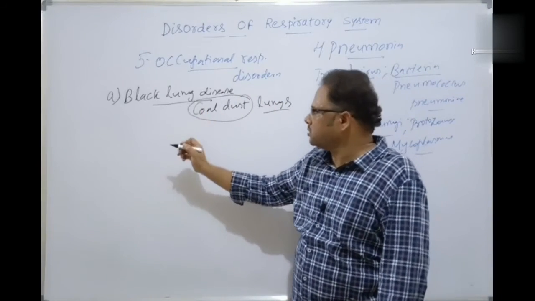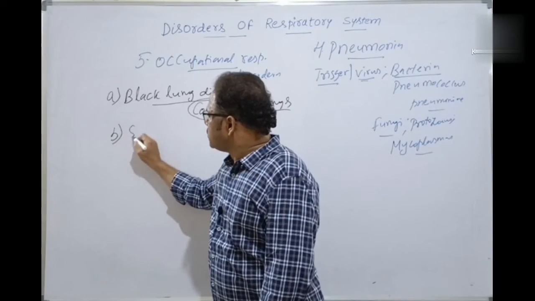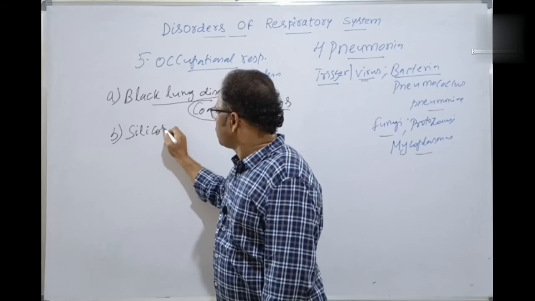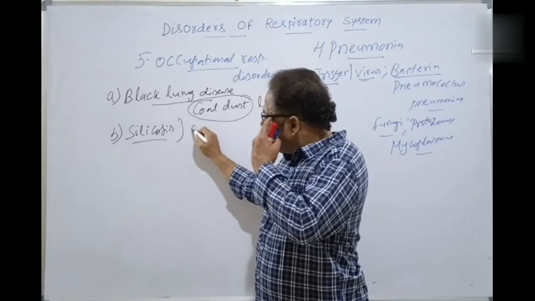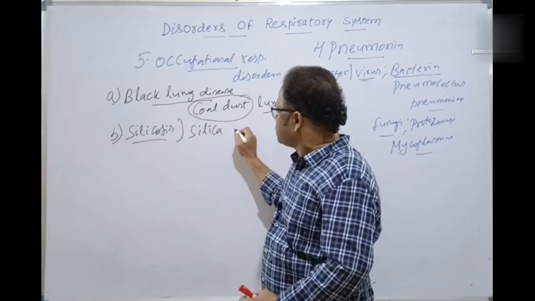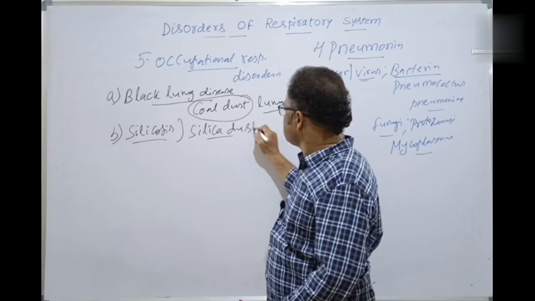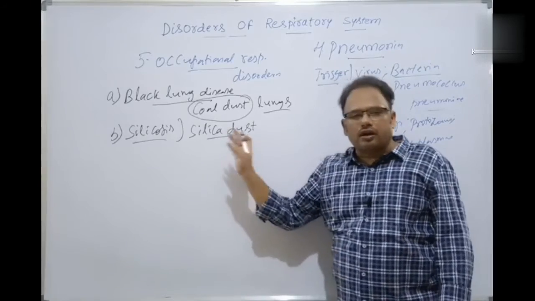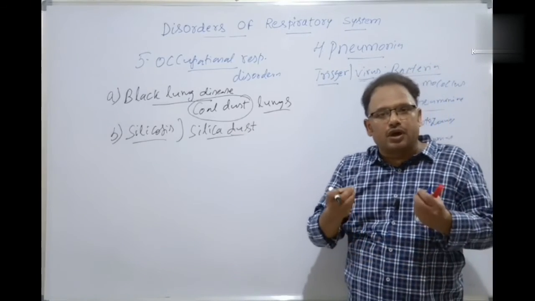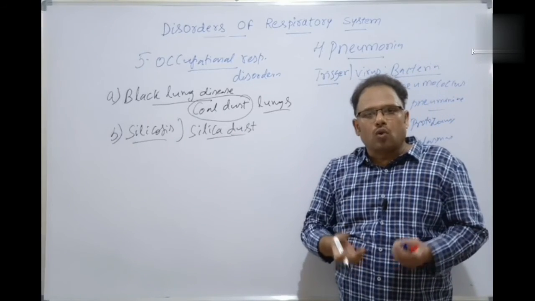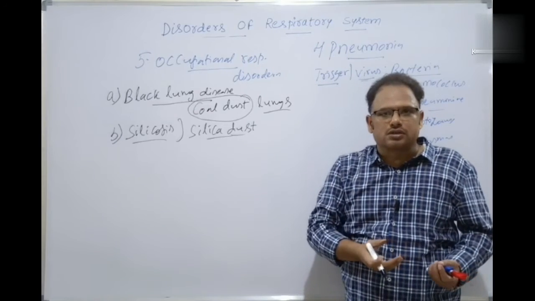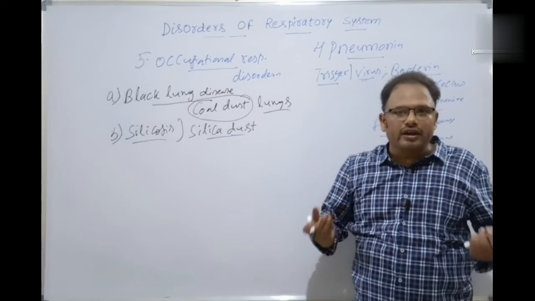Okay, students. Number 2, silicosis. A person who is exposed to the silica dust. Where is silica dust present? In the construction workers, quarries, stone crushing industries, stone grinding industries, isn't it?